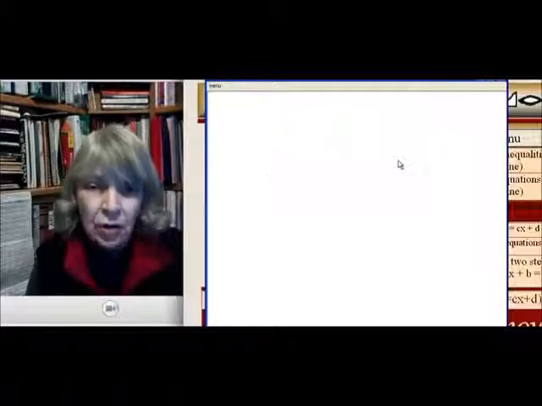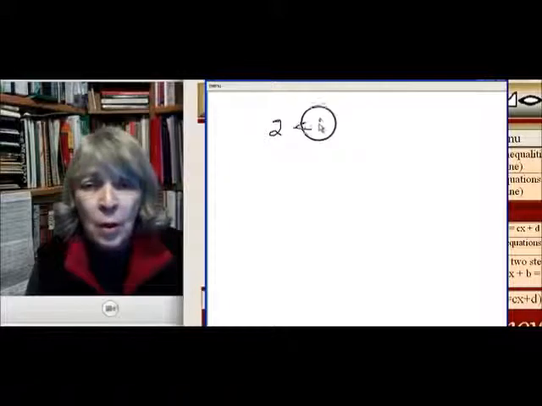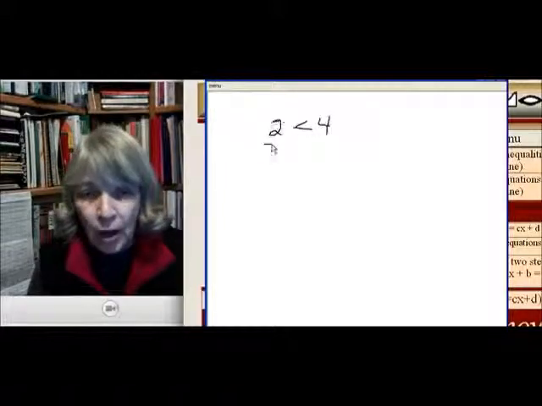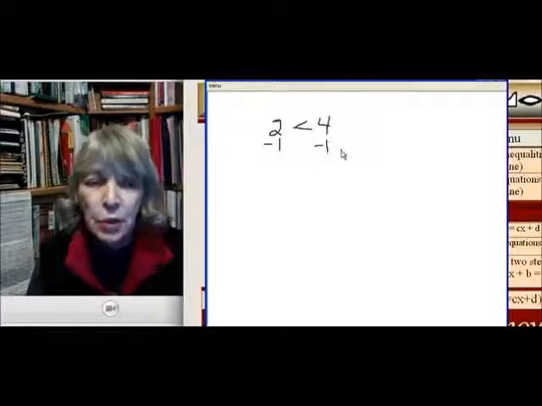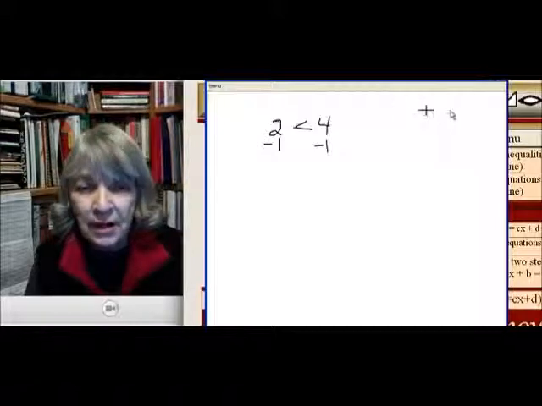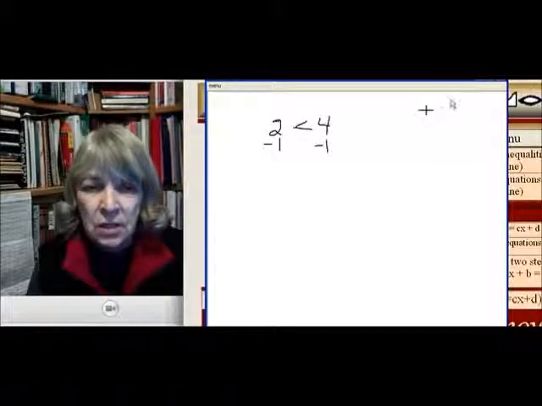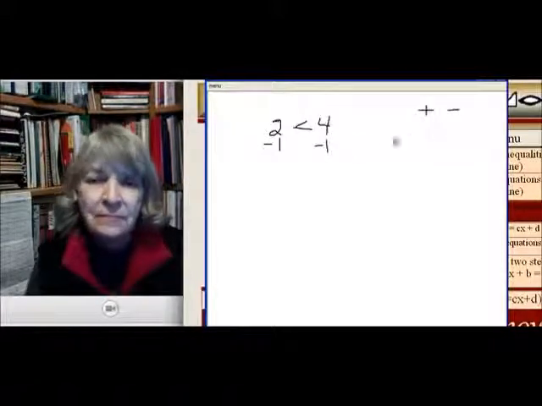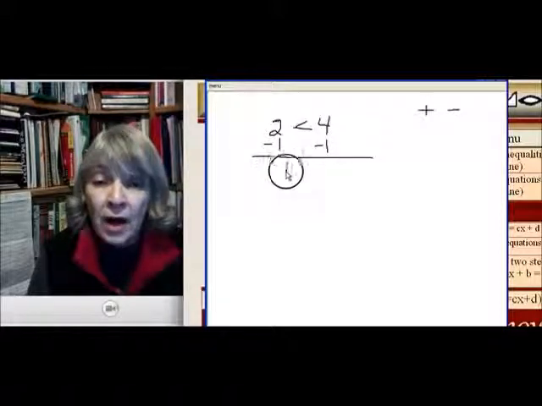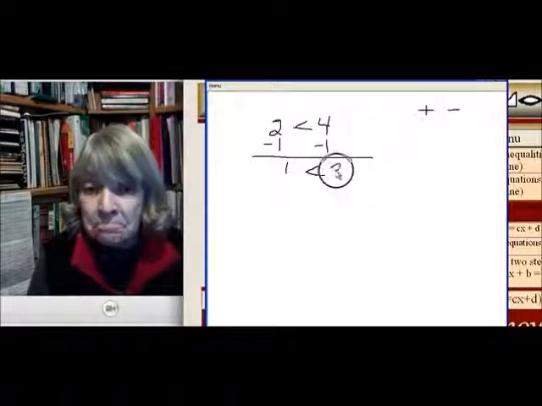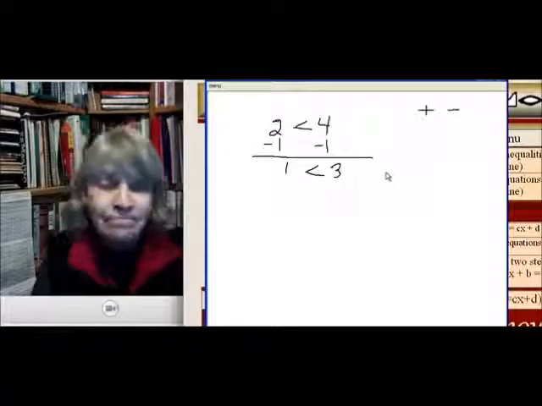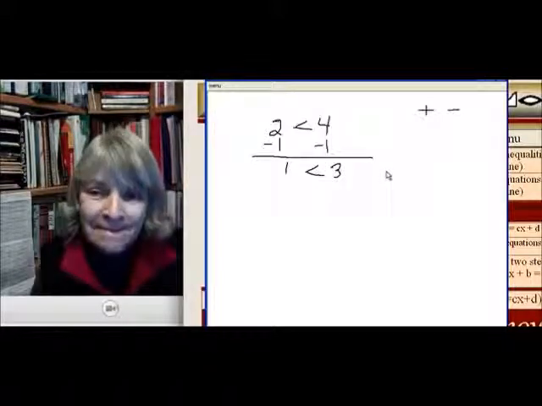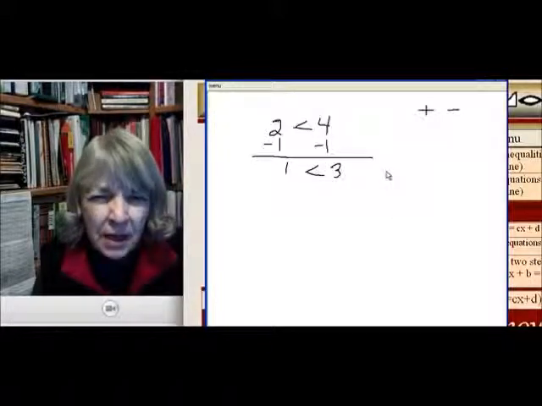I'm going to push clear on this. I'm going to go back to 2 is less than 4. What if I subtract 1 from both sides? We're still working on adding, and remember, subtracting is just adding the opposite. So add, subtract. We get 1 is less than 3. Still true. Stay with me. It's going to get weird.